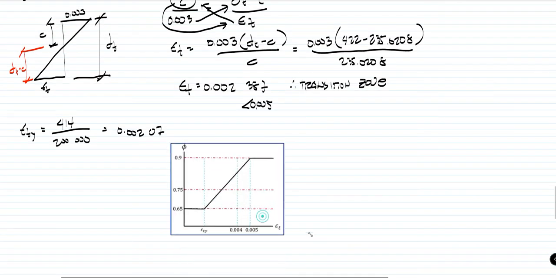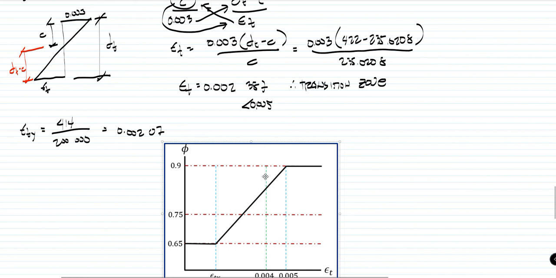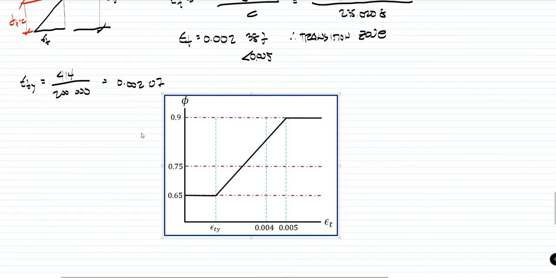We can derive the equation for the reduction factor by using the slope and y-intercept form of the line. This is where our beam falls, which is why we got epsilon t sub y, since it will be a big help for our beam. We will have two points on this line. This coordinate corresponds to epsilon ty, which is 0.00207, and 0.65 as y.